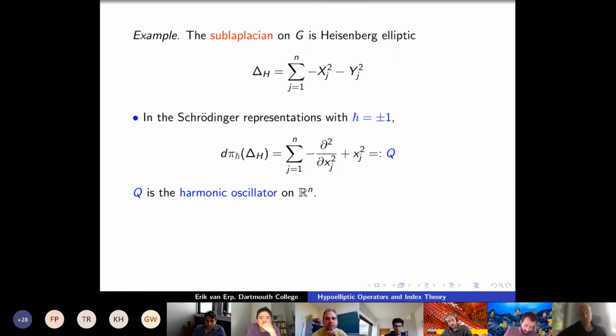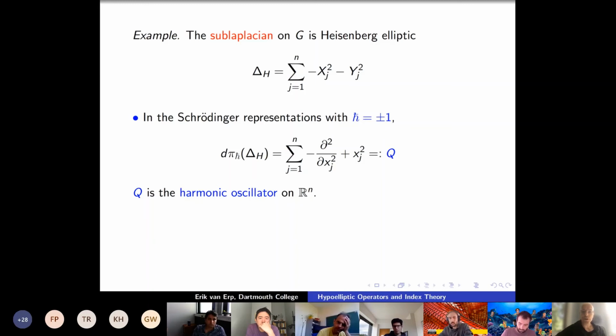You take the Schrodinger representations with h bar plus or minus 1. And so x is represented by d/dx, y by x, and then there are some factors of i that I can never remember. I think y becomes ix, and so when you square it, it becomes plus x squared. And h bar squared is 1 in each case.